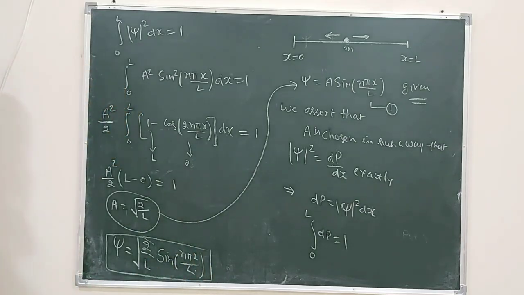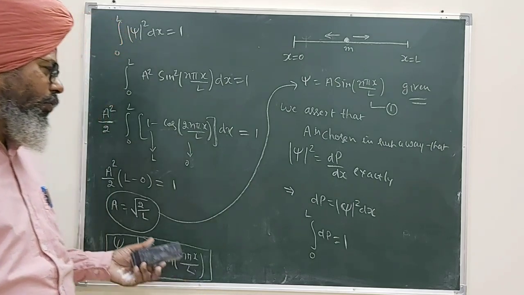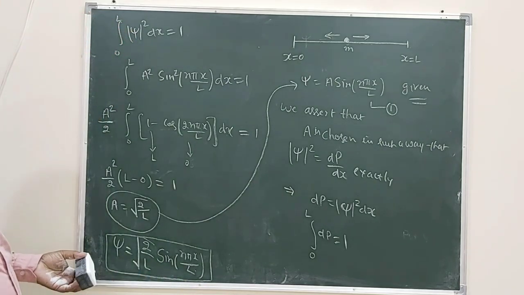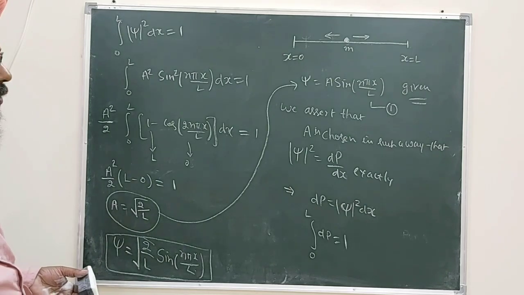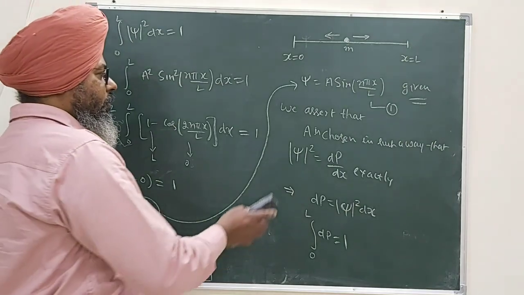For any other value of a, this wave function will not be normalized. So this is an example where I have shown you how to convert an unnormalized wave function into a normalized wave function.